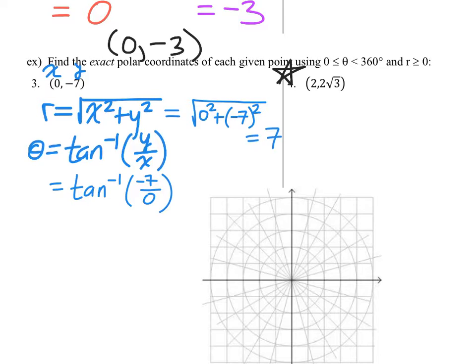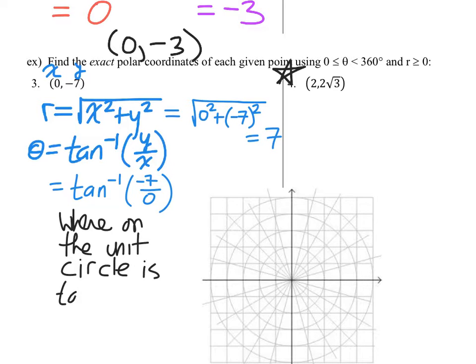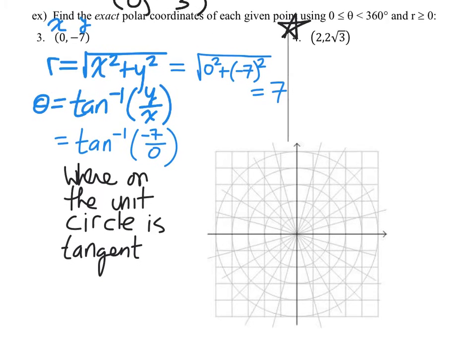The theta value is a little trickier numerically, but if you consider the nature of the problem, you probably already have it. So tangent here is undefined. So you'd be asking yourself, where on the unit circle is the tangent undefined?